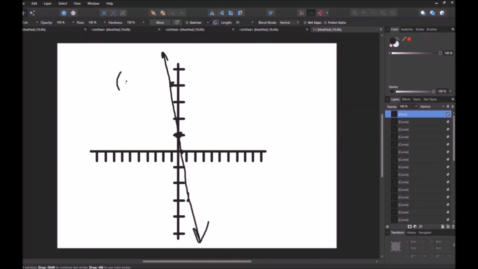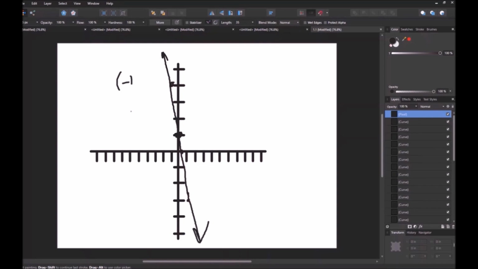This is negative 1, 4. I switched around the points. Okay, so if this was symmetric with the y-axis, there would be a point at 1, 4, and as we can see, there is no point here at 1, 4.